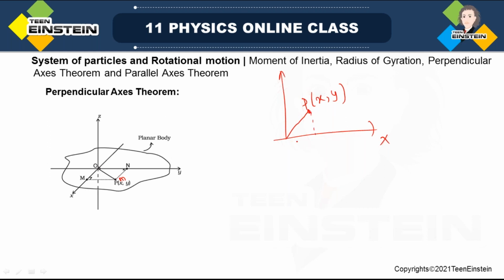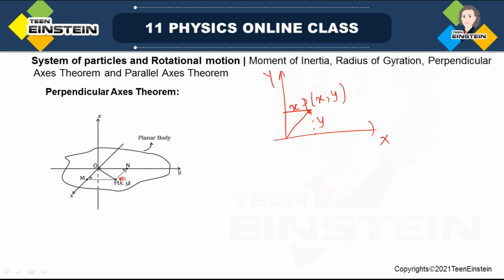This means it is at perpendicular distance y from the x-axis and perpendicular distance x from the y-axis. Okay, right?